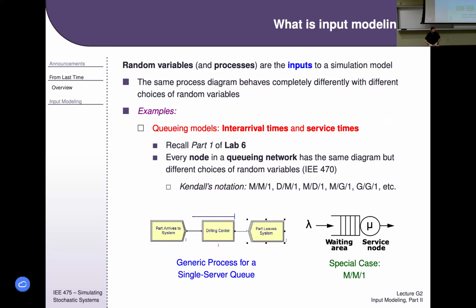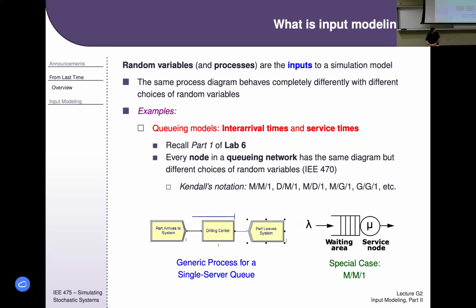Okay, so moving forward then, we're in this input modeling unit. So, input modeling, as a reminder, if you think about Lab 6, we gave you a really simple system in Lab 6, but then we asked you to change the arrival rates and the service times in this really simple system. And what hopefully you saw out of it is when you changed those things, you got significant changes in the outputs that were coming out of that system.